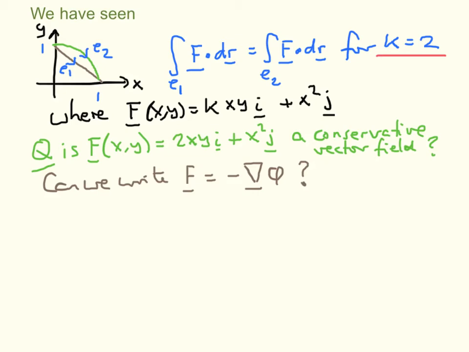So you might be able, on looking at this, to immediately work out what it is, but I'm going to do it slowly and see how we get it. So what we need is the following.